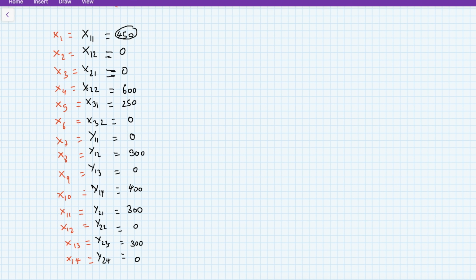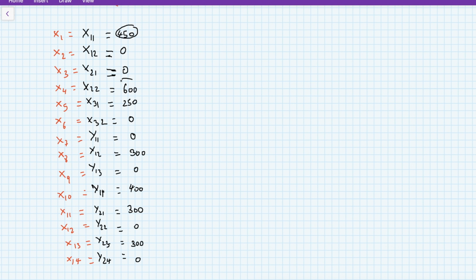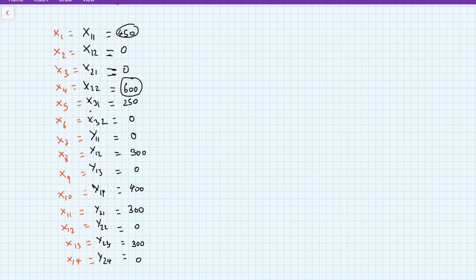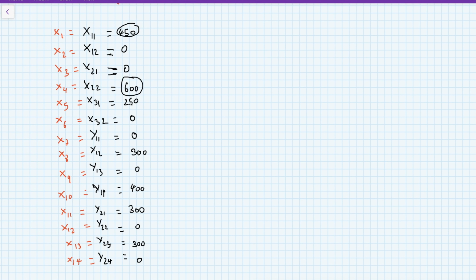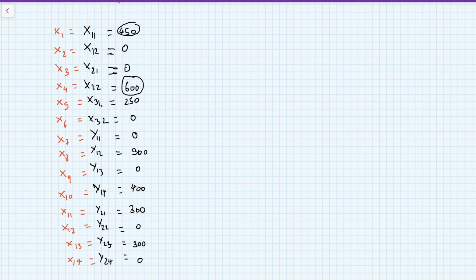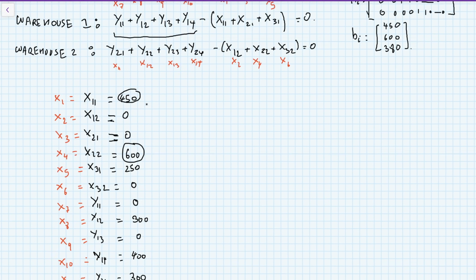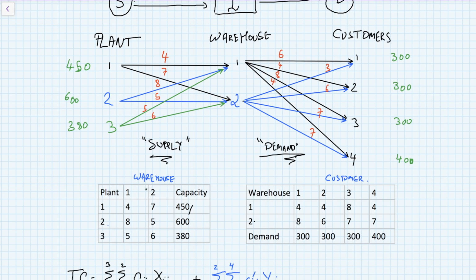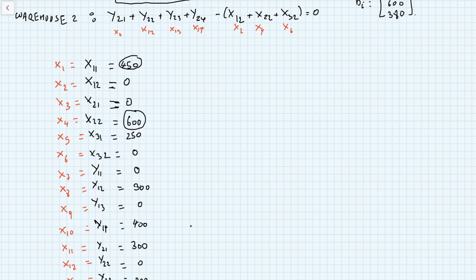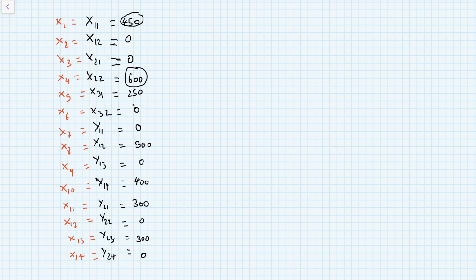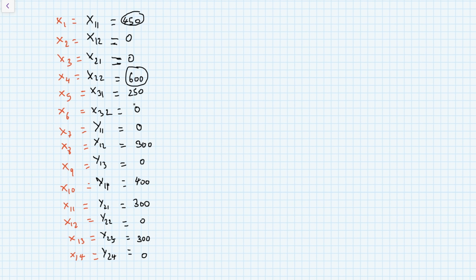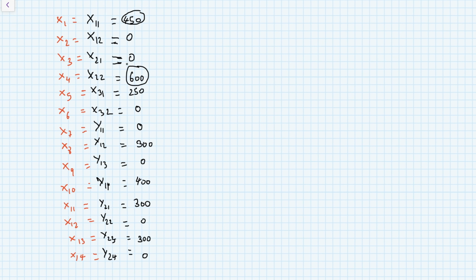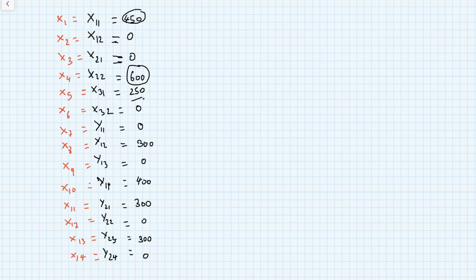Plant 2 stores its entire capacity in warehouse 2. And plant 3 stores 250 in warehouse 1, which is not the entire capacity. The capacity right here was 380. So plant 3 didn't reach its maximum manufacturing limit, whereas plants 1 and 2 did. So this is not maximum.